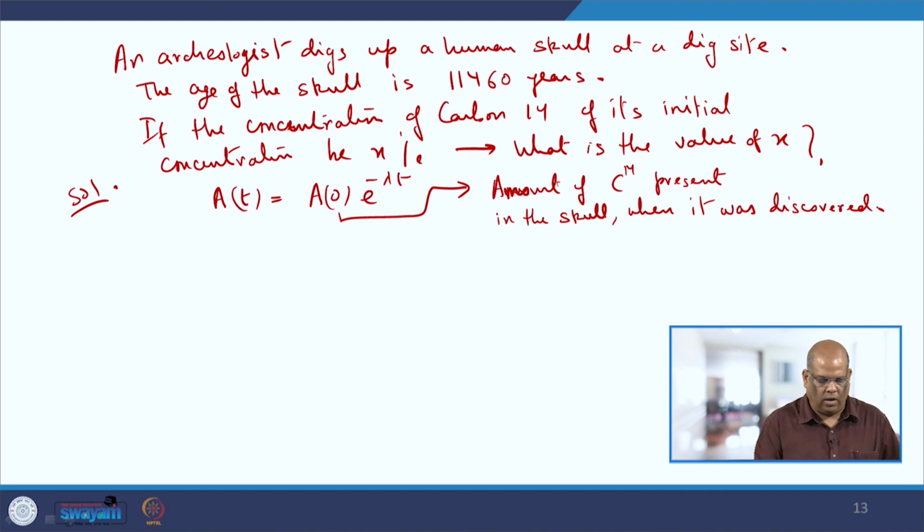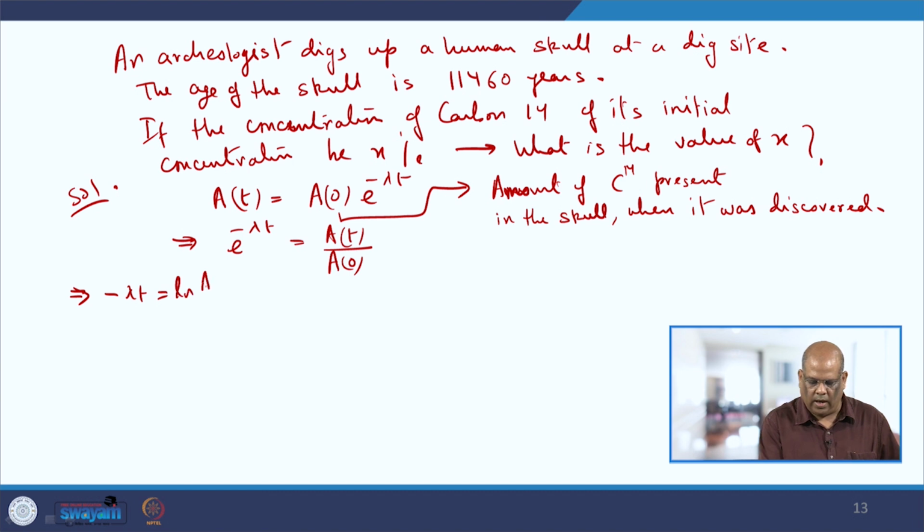So, we take log on both sides. So, you will get e to the power minus lambda t is equal to A(t) divided by A0, and this will imply minus lambda t is equal to ln A(t) by A0, and this implies t is equal to 1 by lambda ln A(t) by A0.